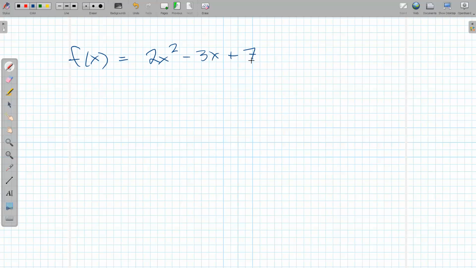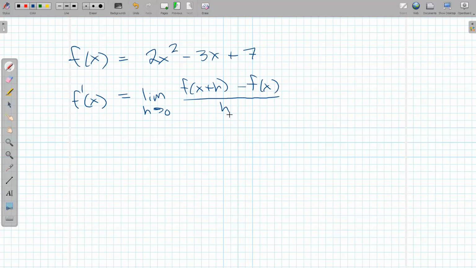And I'm going to use the traditional approach on this one, which means to find f prime of x, I'm going to take the limit as h goes to 0 of f of x plus h minus f of x over h. And if you look at some of the examples in the book, they plug this in all at once. And so I'm going to write that down, but then I'm going to break it down.